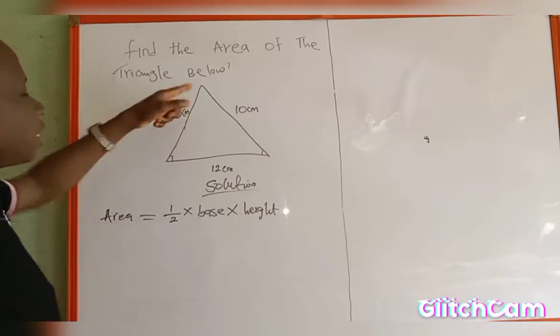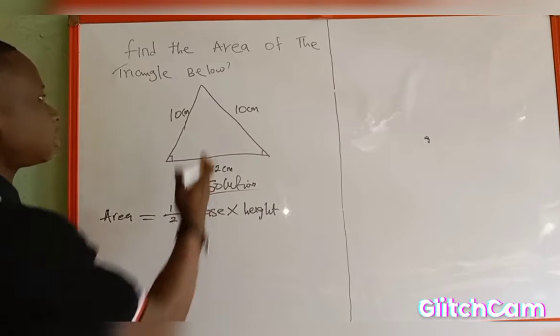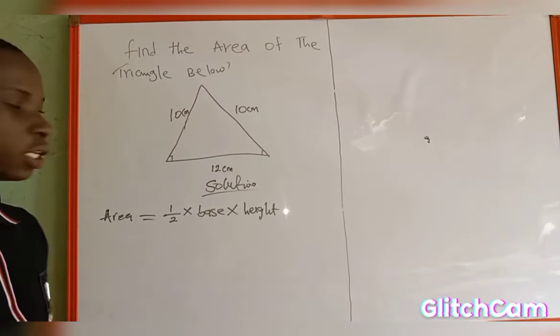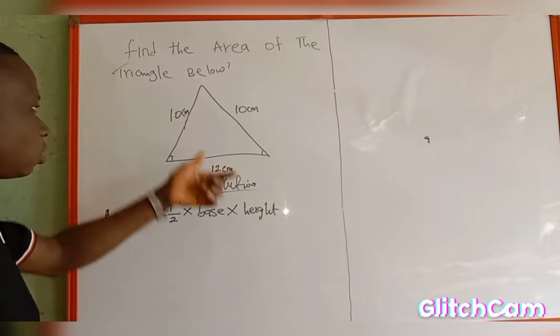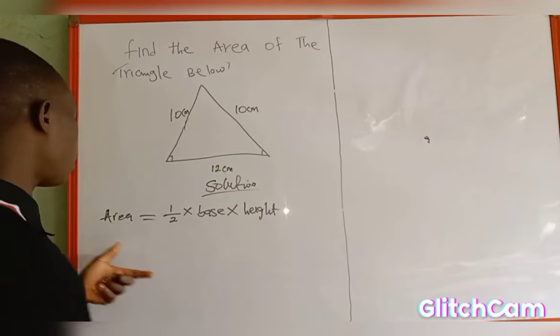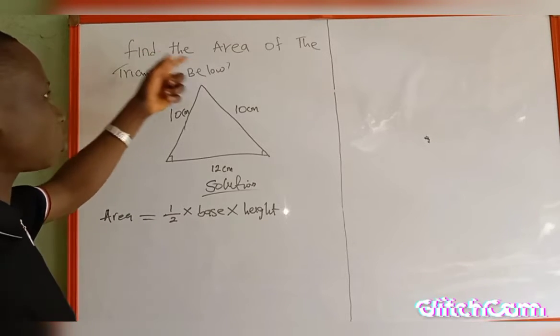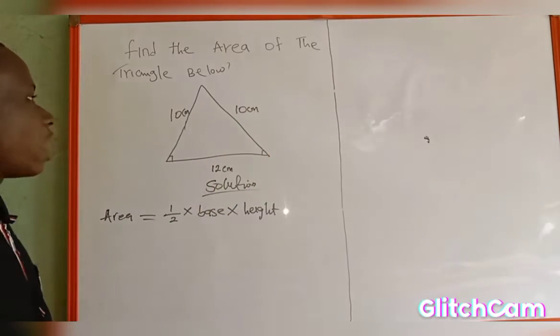These two lines here are not the height, because a height is the line that stands upright. So now we have to find the height of this triangle before we can use this formula, because the question asks us to find the area of this isosceles triangle.